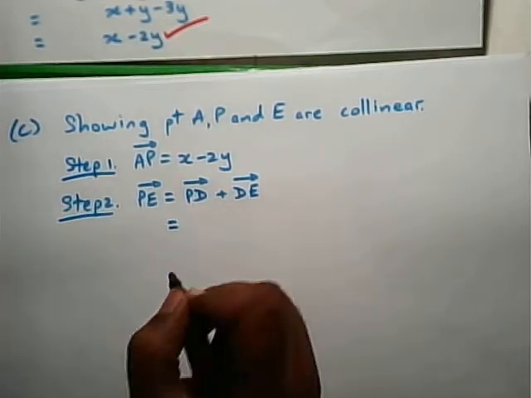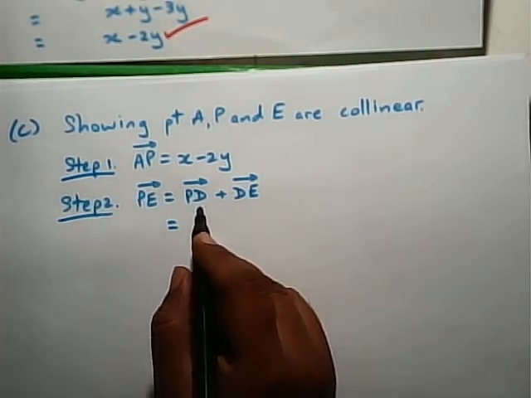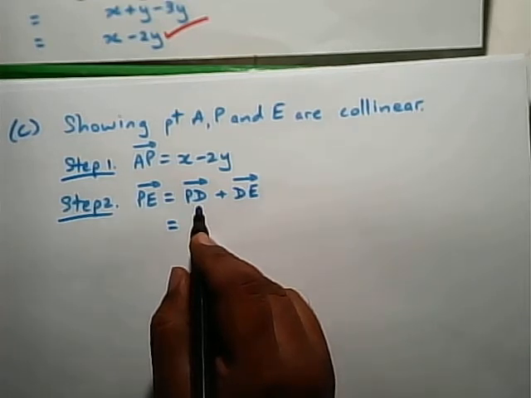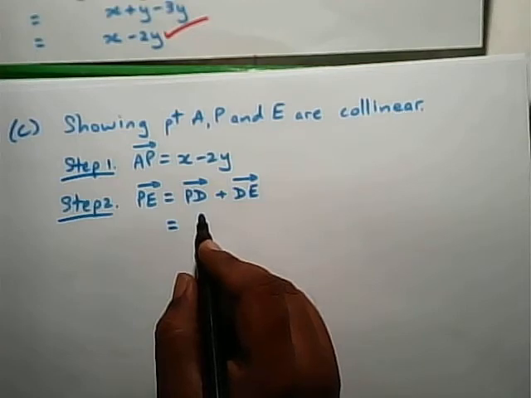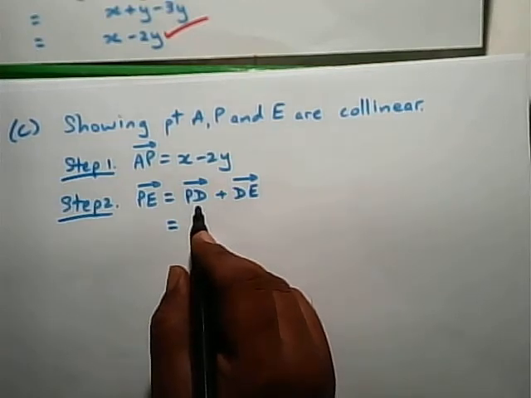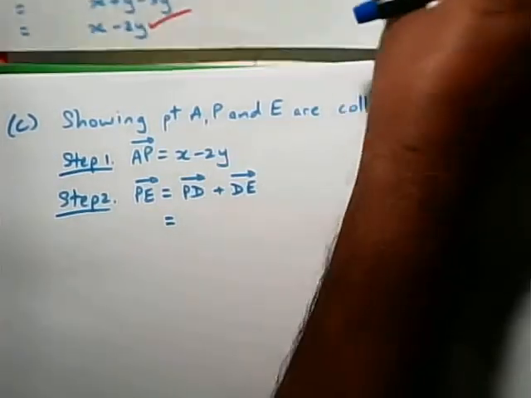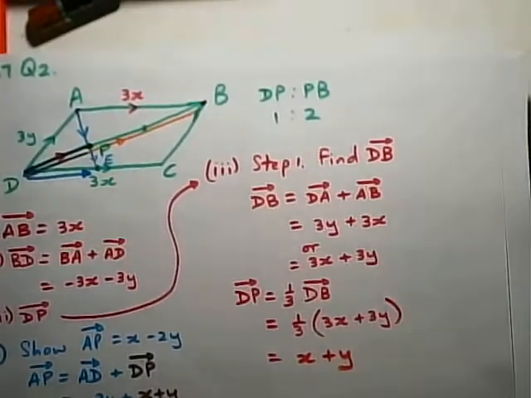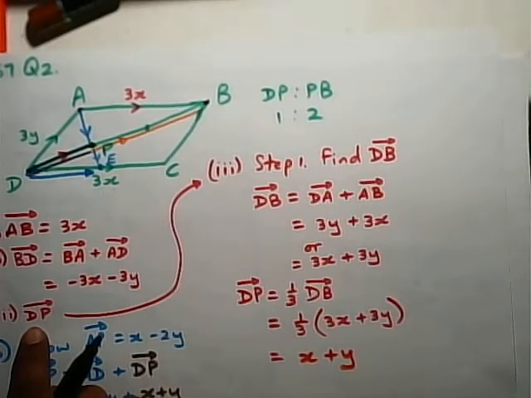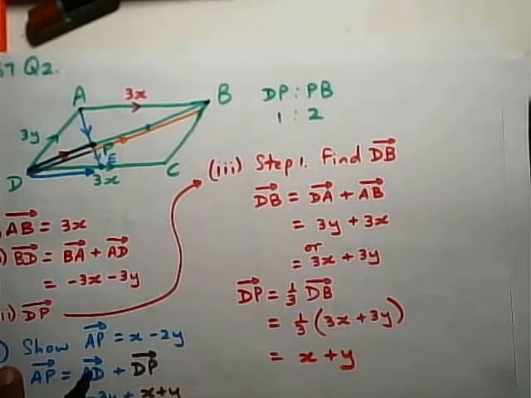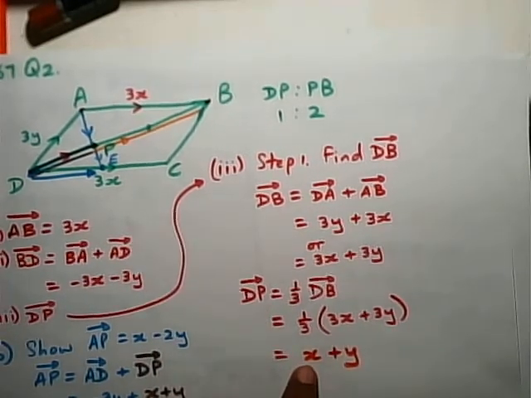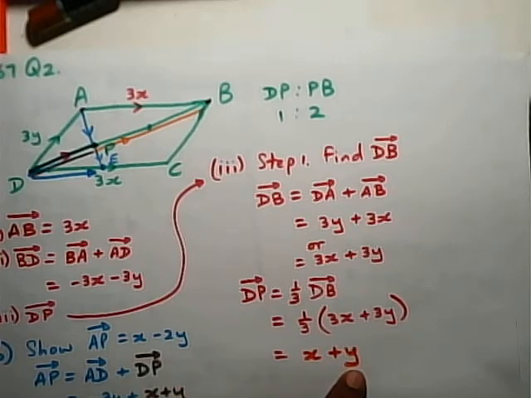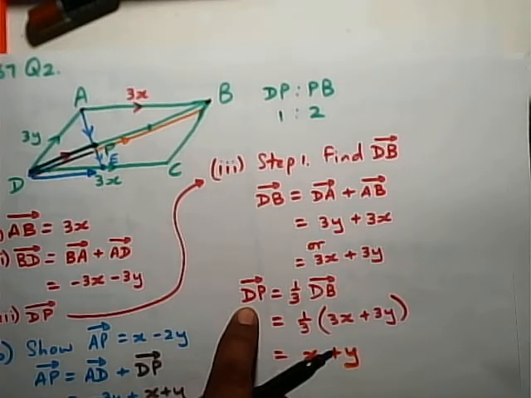Let's try that now. PD. Do we have PD before? Well, we don't have PD, but didn't we do DP? Look at it here, part 3. We went from D to P. We worked out that DP is x plus y.